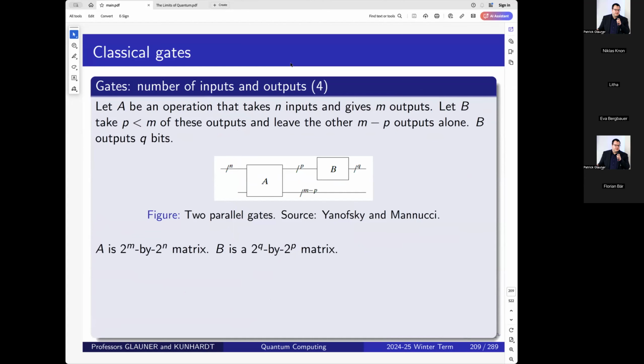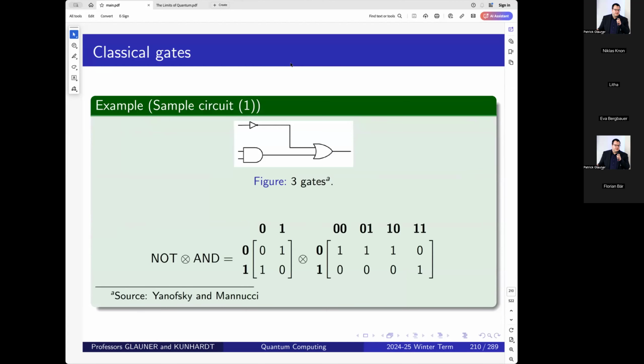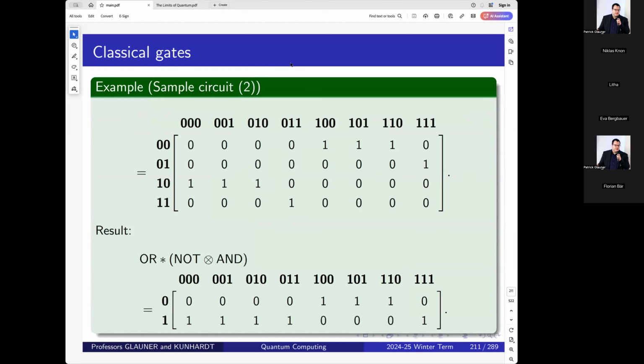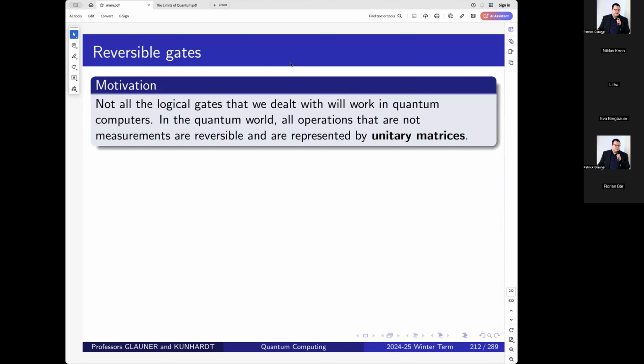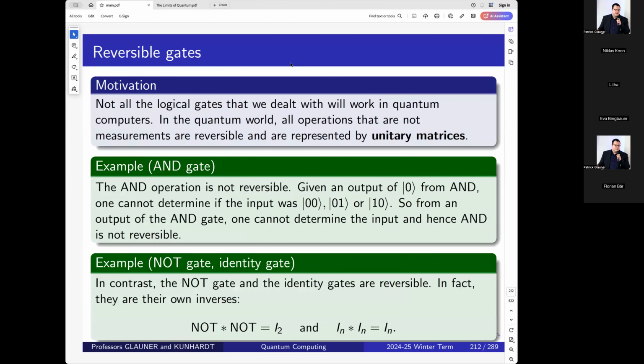We looked at more complex circuits, like something like this, and parallel gates, and we saw we can describe all of this actually straightforwardly using the mechanisms we have learned before. And using that, we looked into reversible gates, so operations we can undo. We can undo a NOT gate, but we are unable to undo an AND gate.